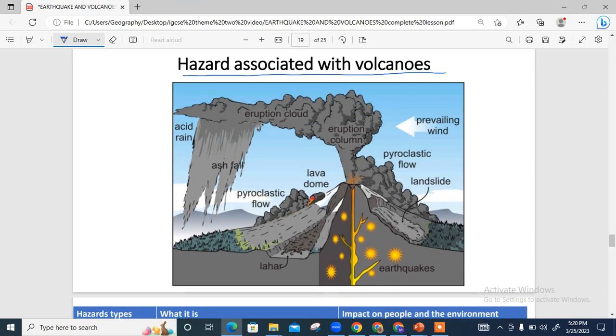Now usually, it depends. You shouldn't put pressure on yourself in terms of this, because in some questions they will ask you what is the impact of volcanic bombs, pyroclastic flows, lahars, and ash clouds, eruption clouds.